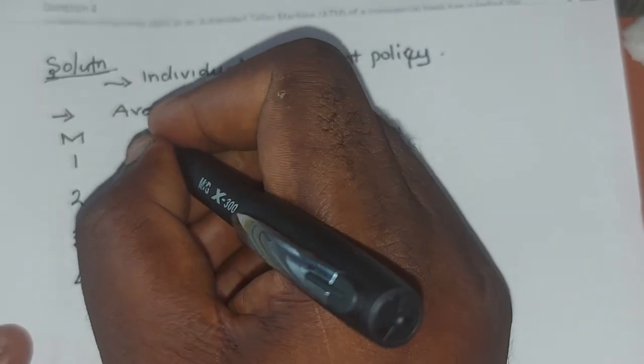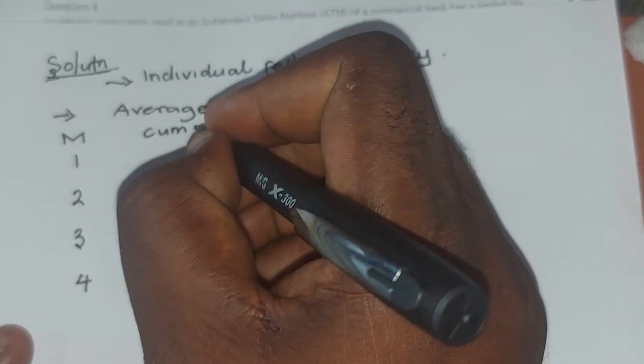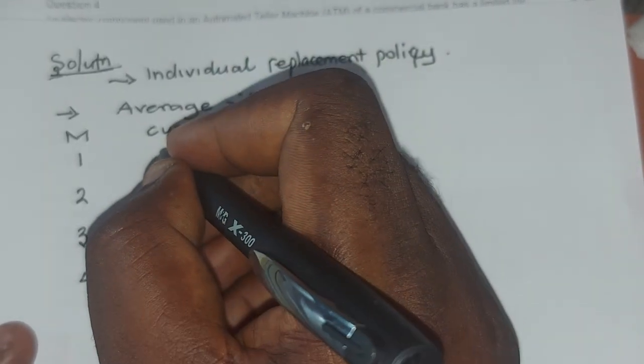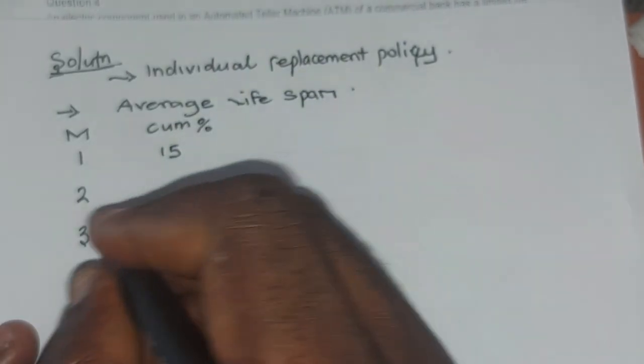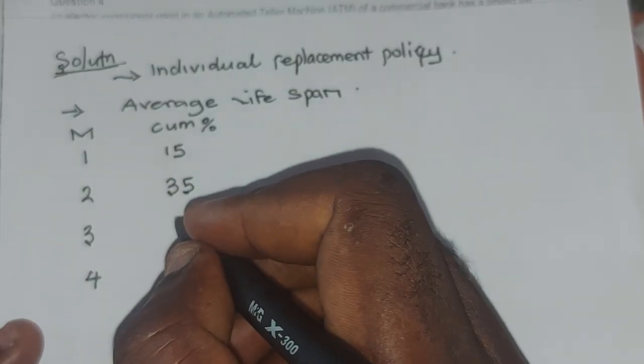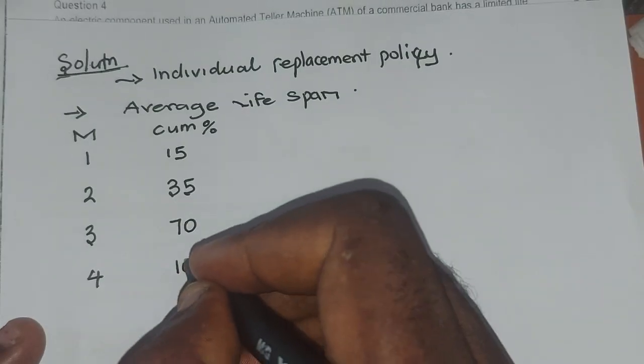Then you have your cumulative percentage of failure, and it's given to be 15, then 35, 70, and 100.